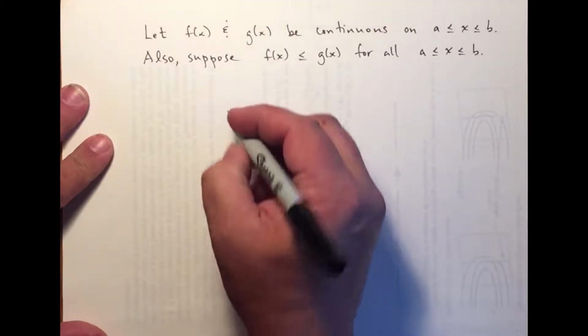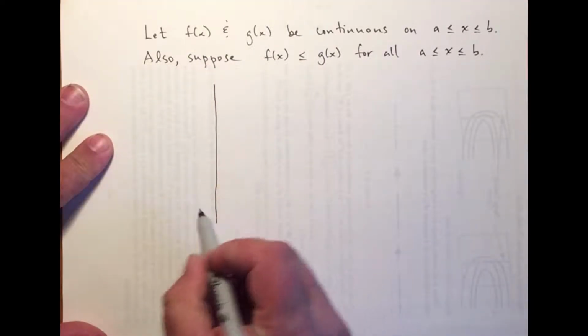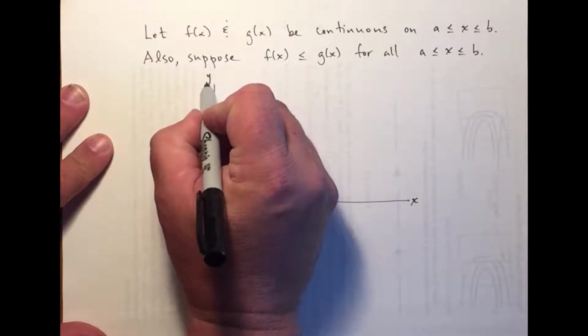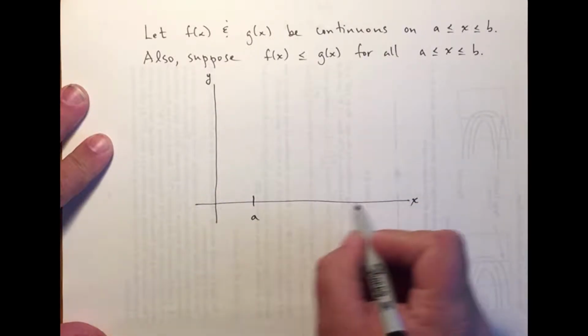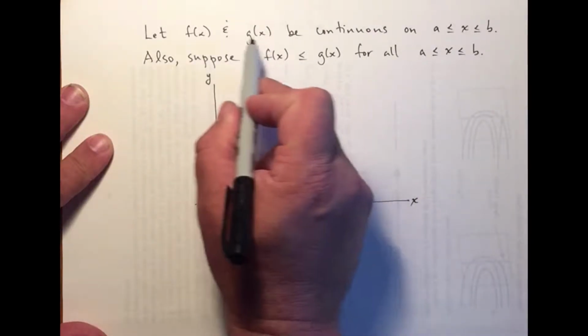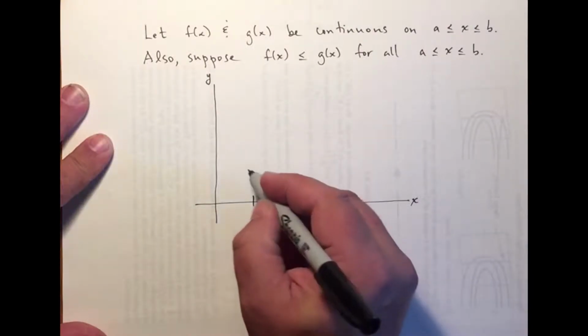So the picture associated to this would look something like, we've got our x and y axes, we've got our interval from a to b, and we're going to have our graphs of our two functions, f and g.